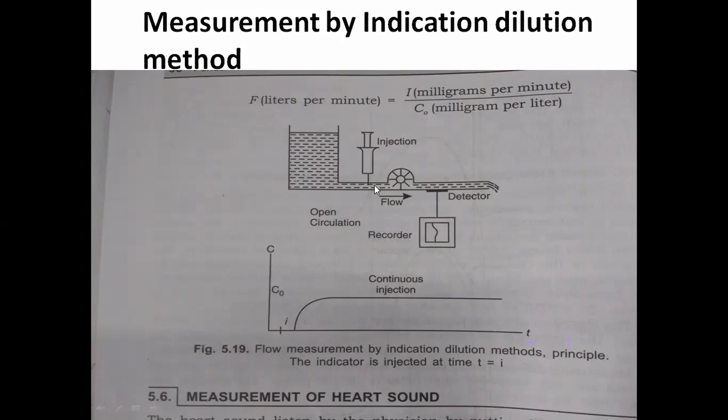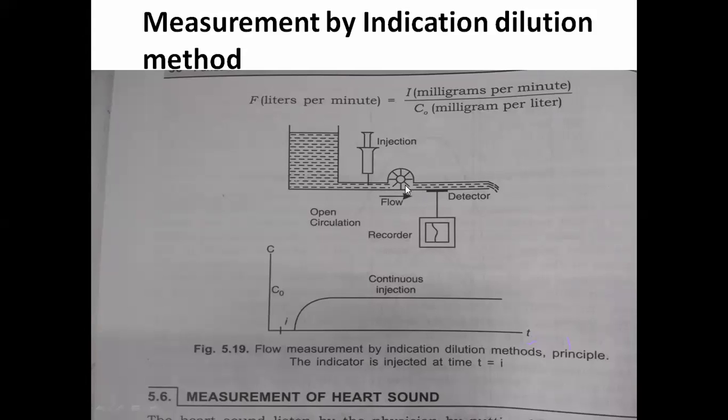In some cases we can use saline. We can inject through the saline, and that will mix with the blood, and at the other side of the blood circulation path we can detect that material.